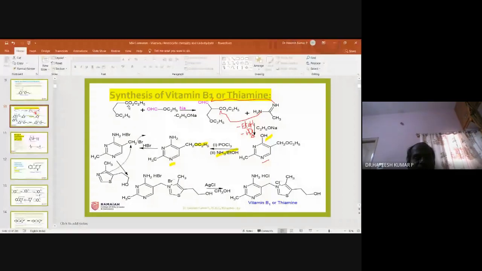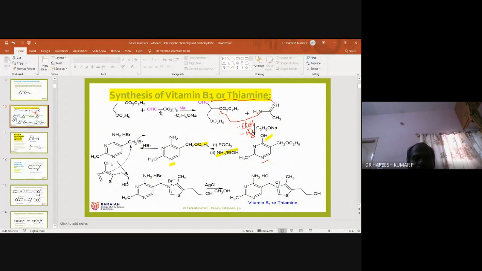Since it contains an ester, it is propanoic ethyl ester. Otherwise we can say ethyl 3-ethoxy propanoate. It should end with ate. Ate indicates an ester, and ethyl indicates it is an ethyl ester. The third position ethoxy group is a substituent. So this is the name.